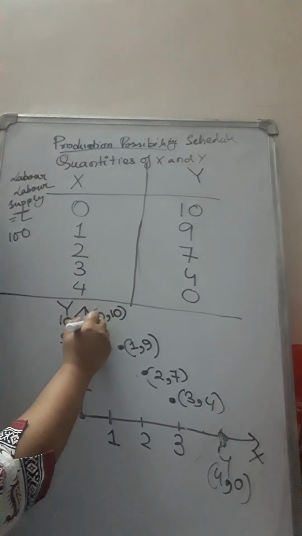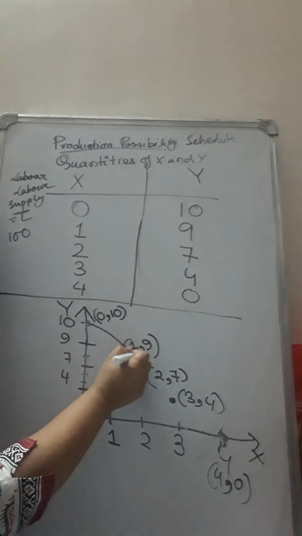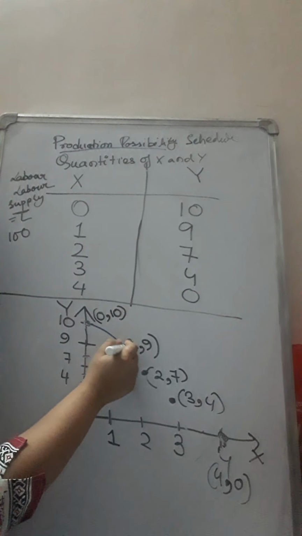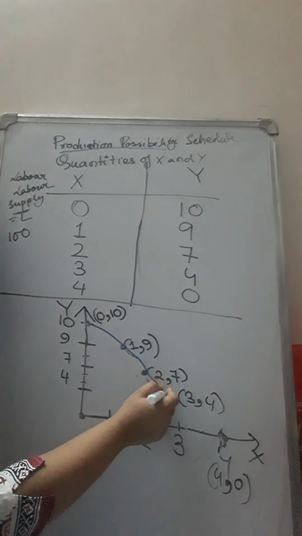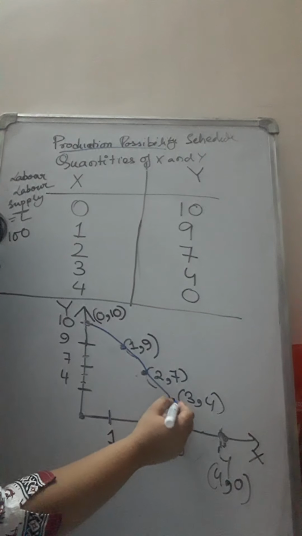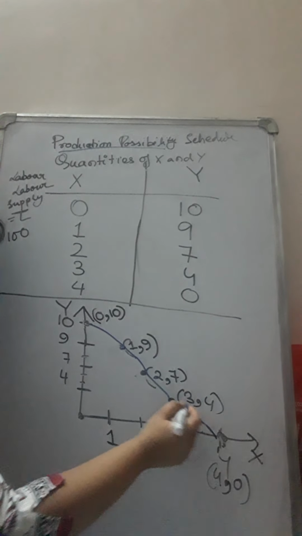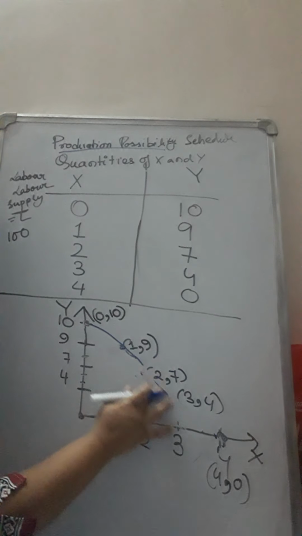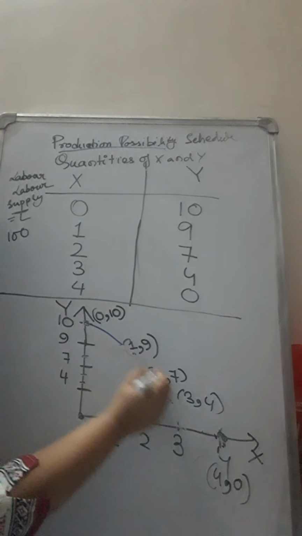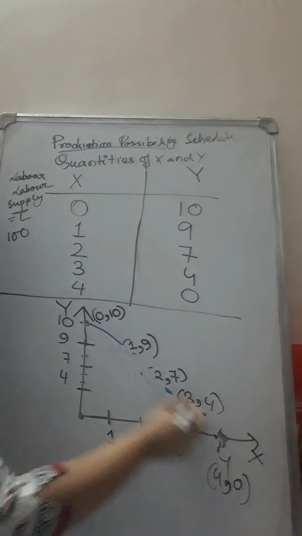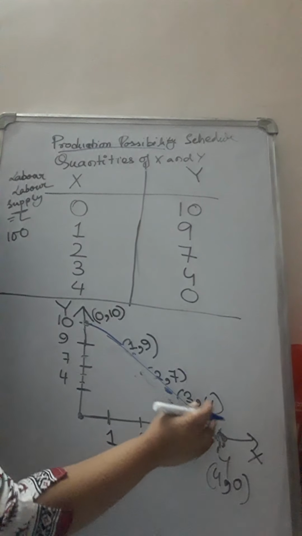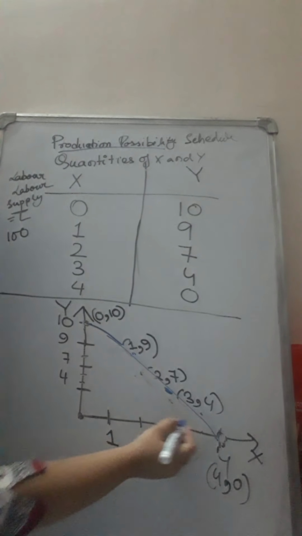So if I draw a line joining all the points, the curve is becoming crooked a bit. We obtain a curve like this.